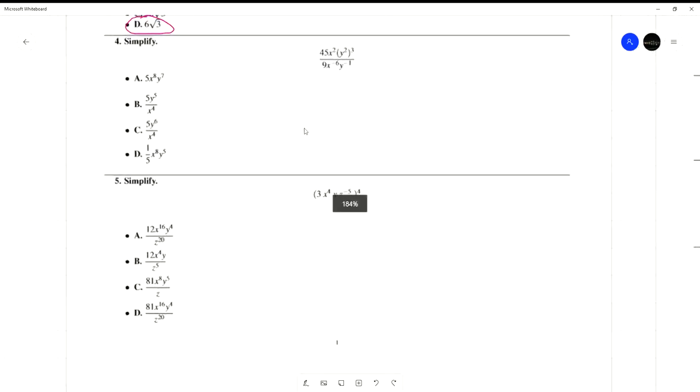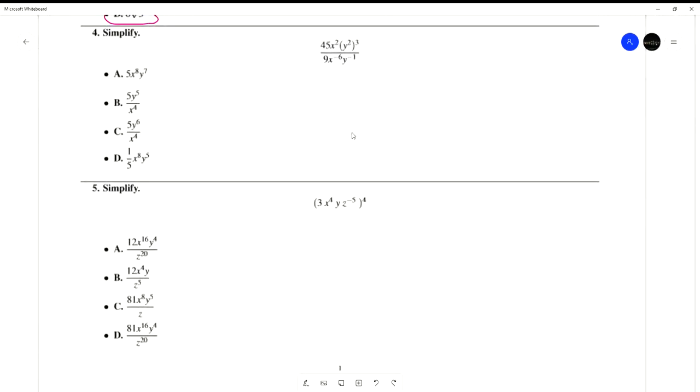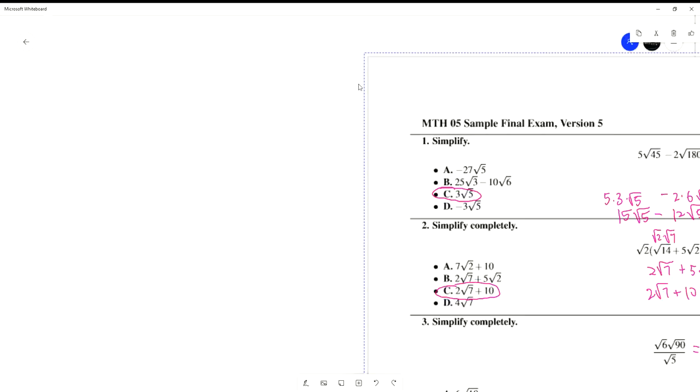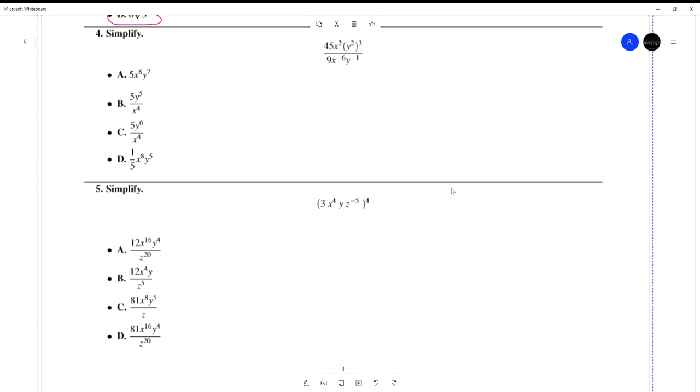Moving on. We got the laws of exponents next. Let's see here. We got a fraction in the numerator. I see a pair of parentheses there. But what I'm ultimately going to do is just work vertically here with the same exponents.